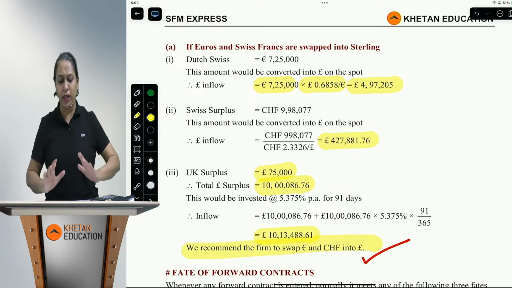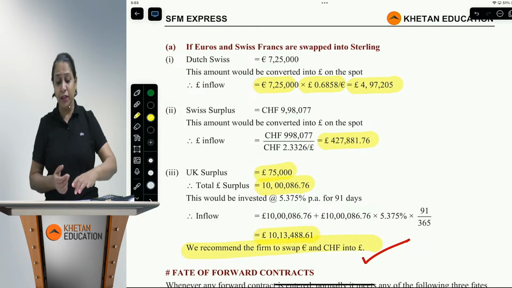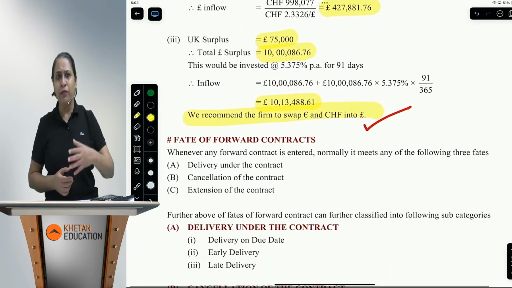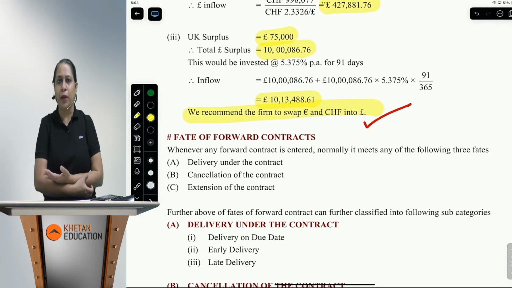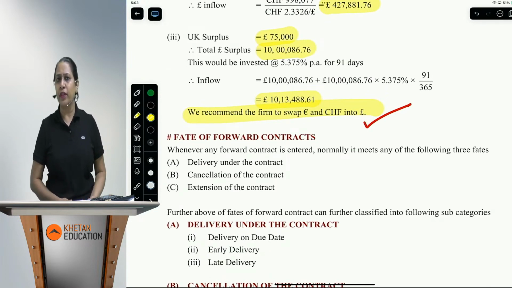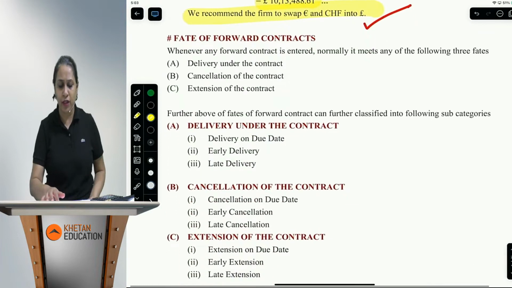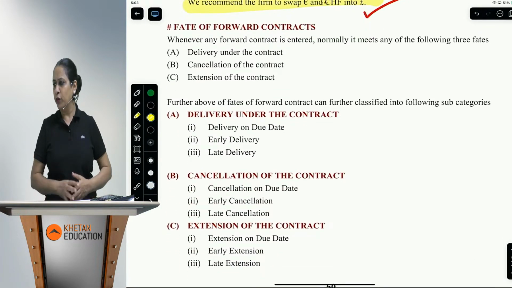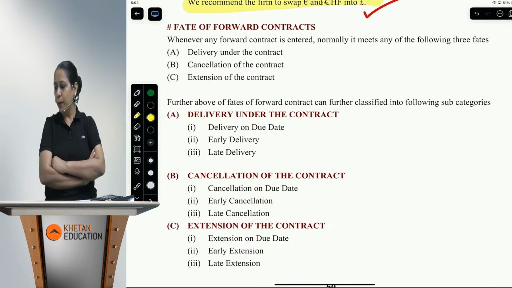Guys, have you been able to understand? It's a very easy sum, but a very obvious sum to be asked in the paper. That's what I feel. So the next very important topic that we have to start is the fate of the forward contracts. Are you fine, all of you?